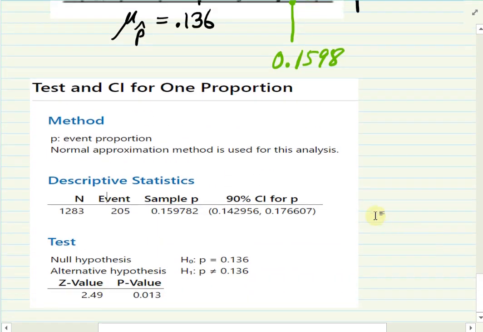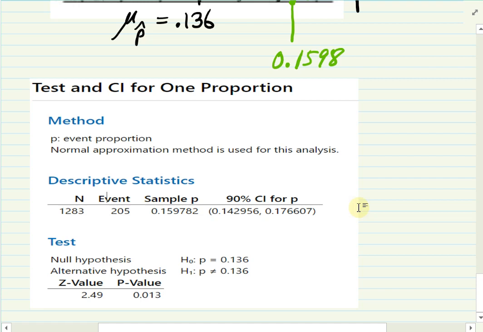Let me actually go and show you how this is done now in Minitab. So in order to do this in Minitab, we need to get some of these numbers, carry them with us. So remember, the event is the number of successes. That was 205, and we did 90%. Our alpha was 10%, right?